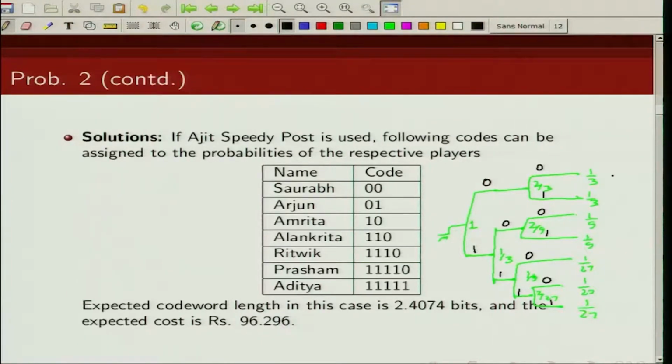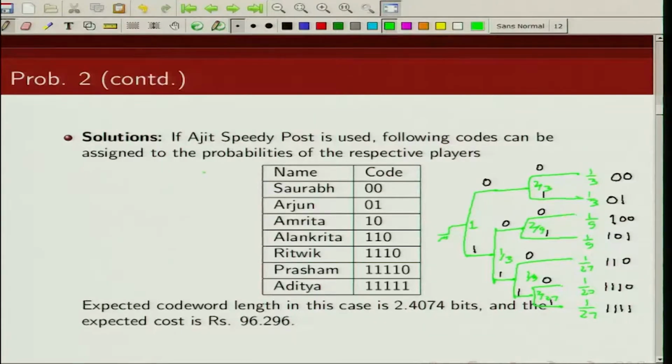The code word corresponding to this will be 00, this will be 01, this will be 100, this will be 101, this will be 110, this will be 1110, and this will be 1111. Right? Now we can do the same thing in another way. Both will essentially give the same expected value.